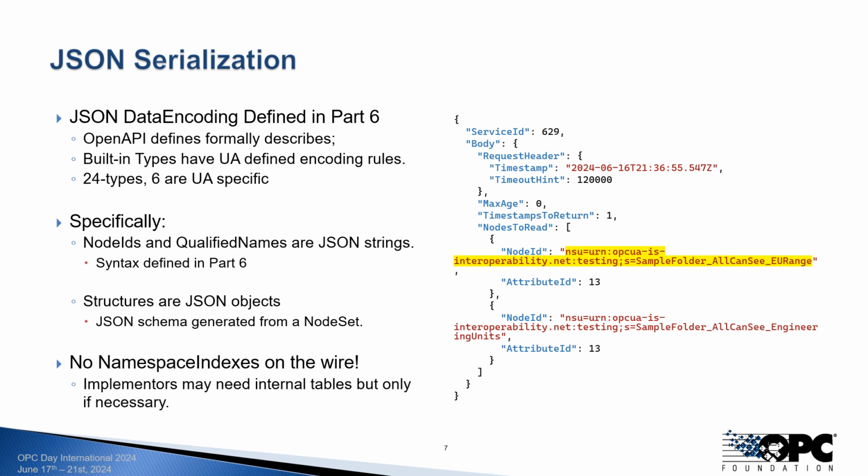The node IDs and qualified names are JSON strings, and this is an important simplification. So we include the entire URI in there. So it's a self-contained string. There's no namespace index, and you can save it, persist it.